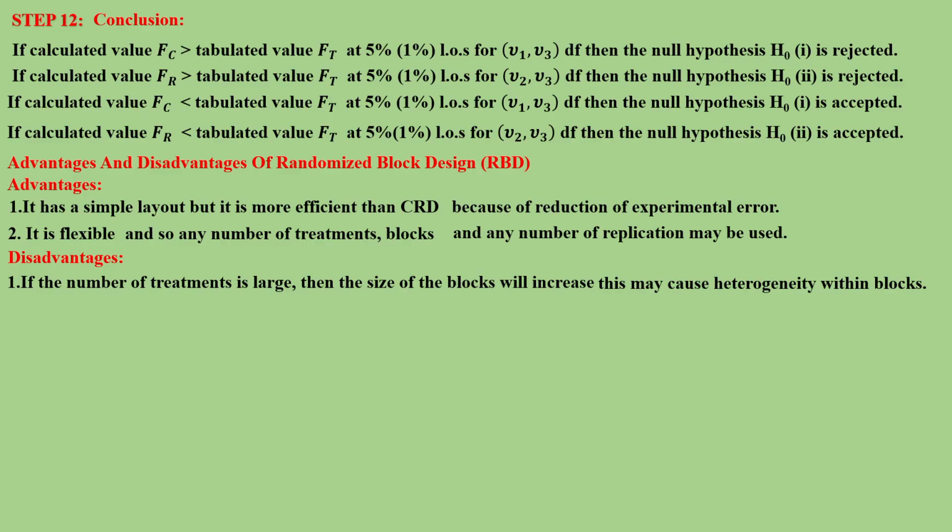Heterogeneity means that within a block it will not be the same. Suppose you are taking soil: if in one block all the soil quality is the same, that is fine, but in this case, in one block there will be different types of soils mixed up. That is heterogeneity.